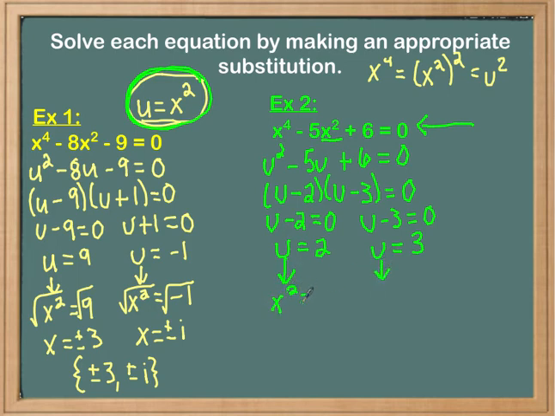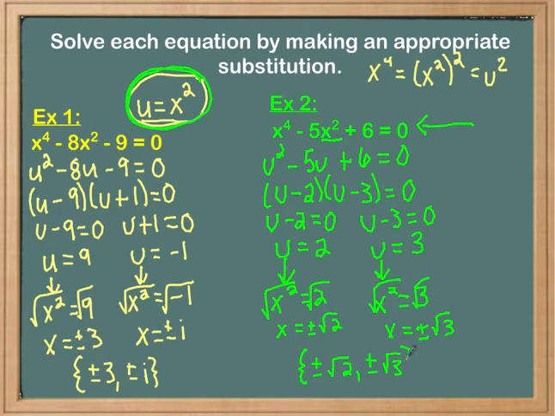So that's x squared is 2 and x squared is 3, which means I get x to be plus or minus root 2, and I get x to be plus or minus root 3. Those are my solutions.